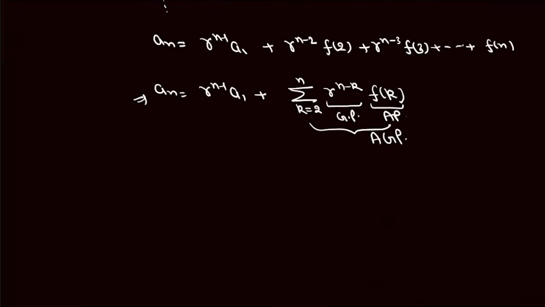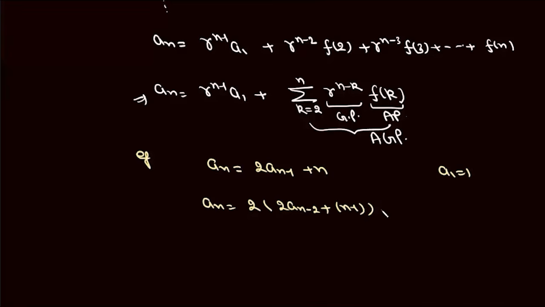So if we take a simple example, we are given this recurrence relation an is 2an minus 1 plus n, and it says the value of a1 is 1. Now we can write this an as 2 times, and an minus 1 is 2an minus 2 plus n minus 1, plus n.